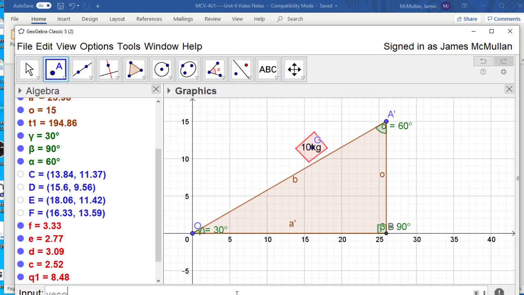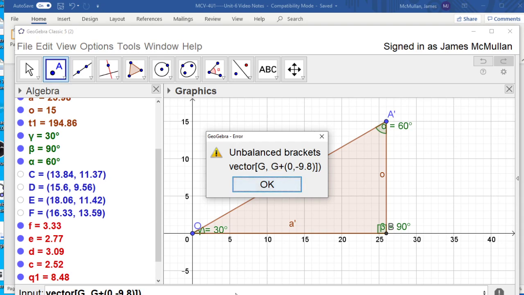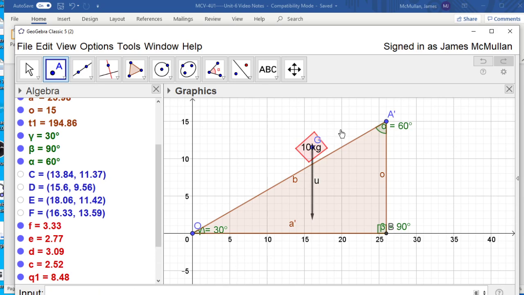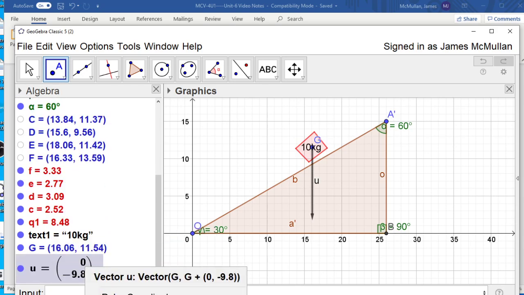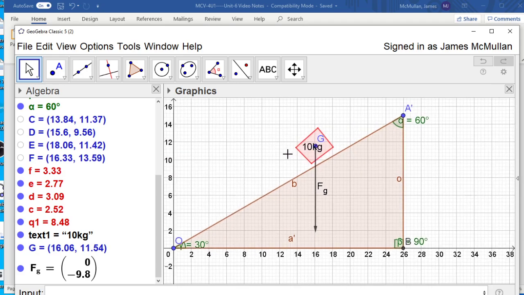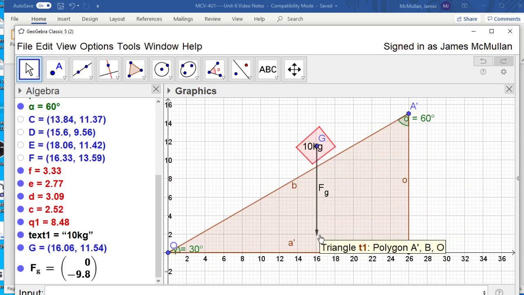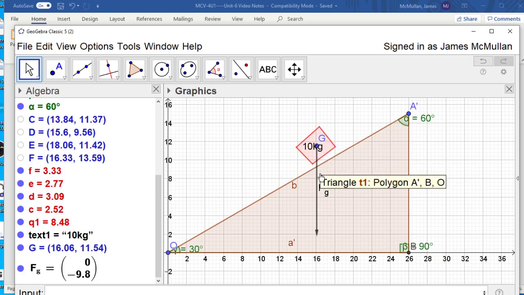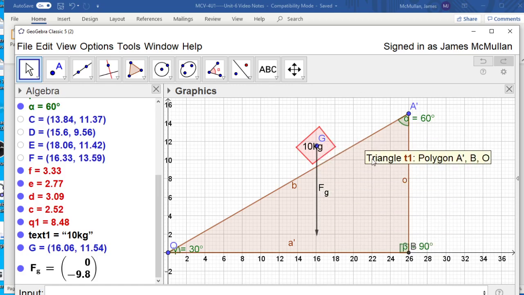So we have a vector from G to G plus (0, -9.8). Right there you have a vector which represents what we're going to call the force of gravity. The force of gravity pulls the block straight down.